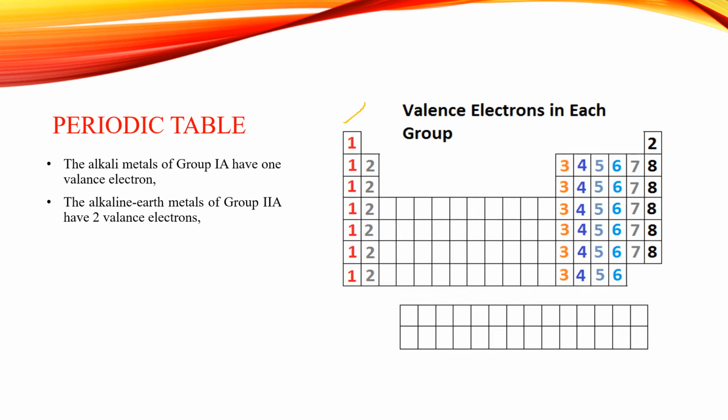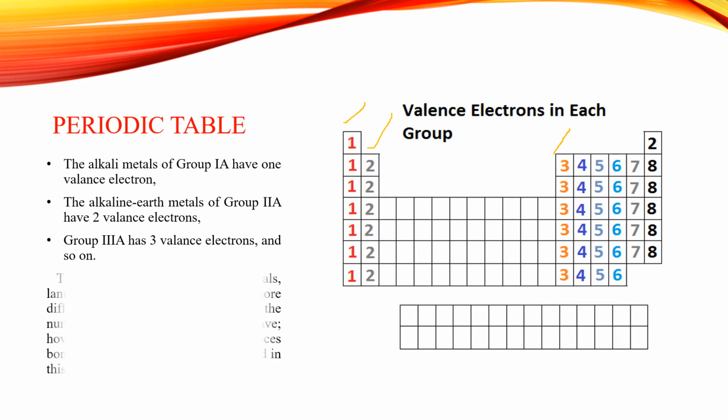Group 3A has 3 valence electrons and so on: 3, 4, 5, 6, 7 અને આને કેટલા છે? 8. સો આવી રીતે તમે આ યાદ રાખી લ્યો. તો આ છે valence electron in each group.